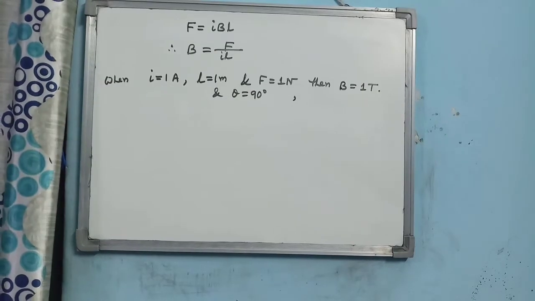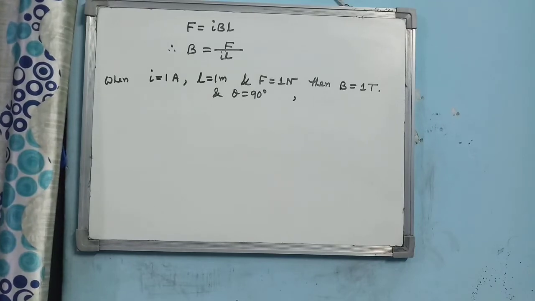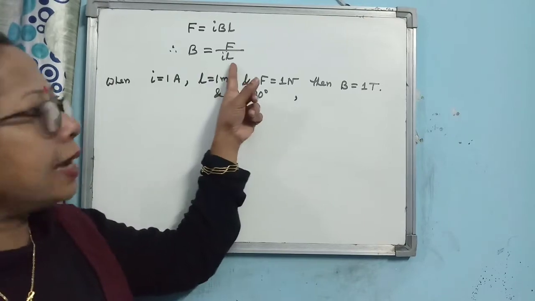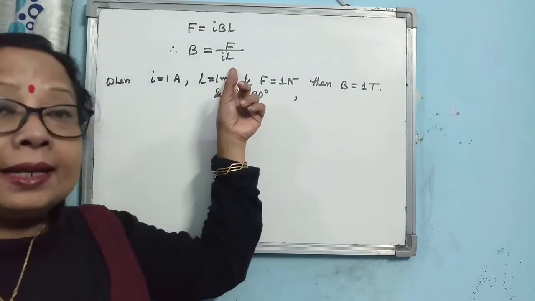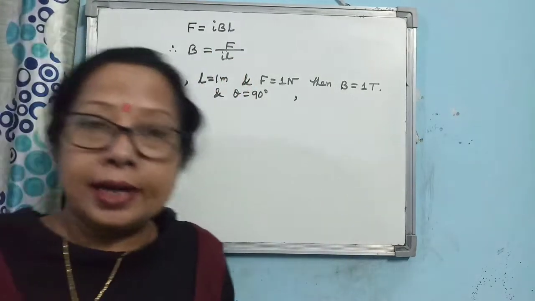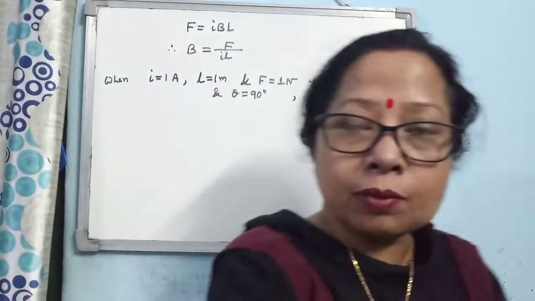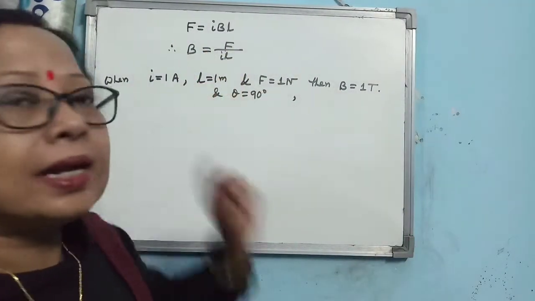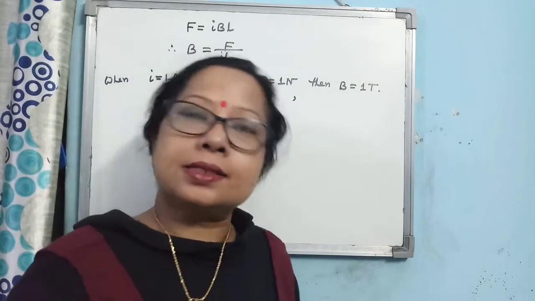So you see, from this formula, F is equal to IBL, you can write B is equal to F by IL. This relation is very important from the point of view of the board exam and also concept wise, because by utilizing this, one can define 1 Tesla.